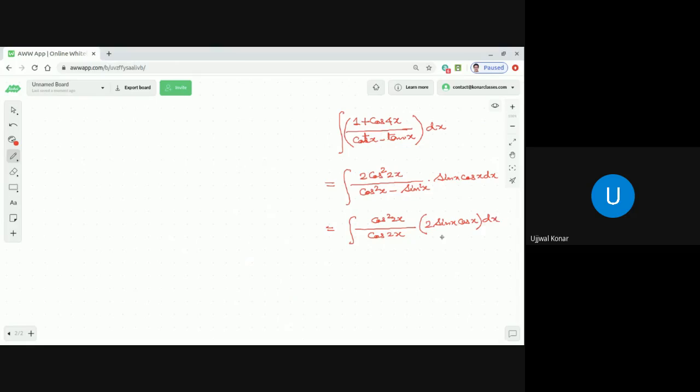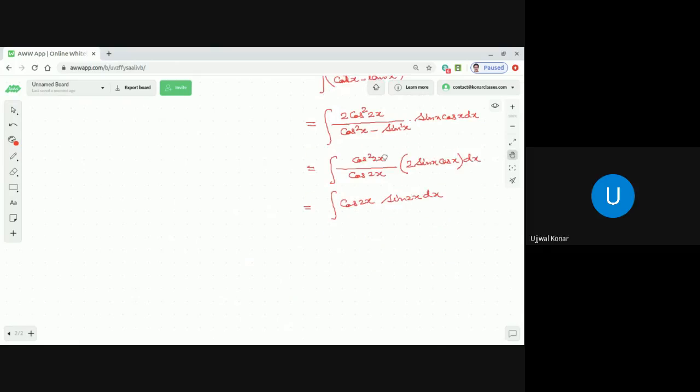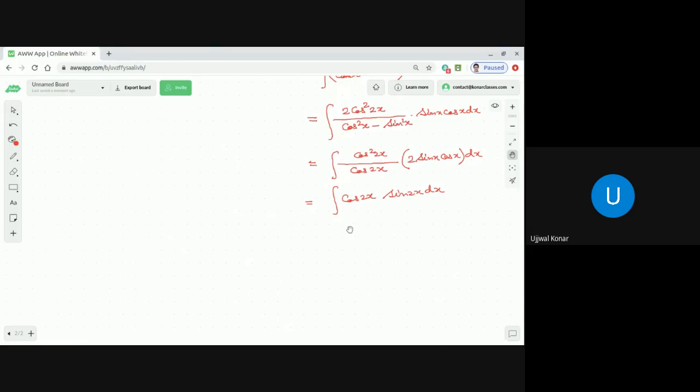Correct, dear students? So that is equal to integration of cos square 2x by cos 2x, so that should be cos 2x, and 2 sin x cos x, there is a formula called sin 2x. 2 sin x cos x is sin 2x.